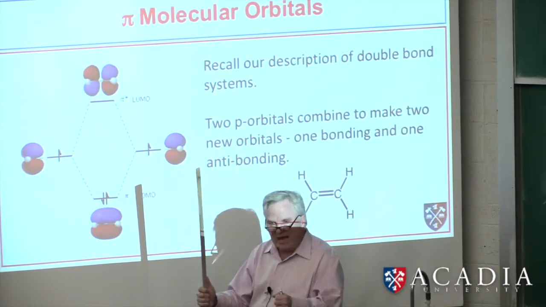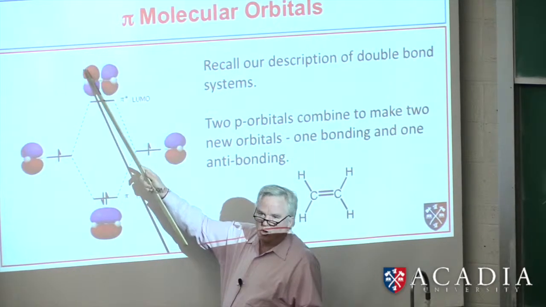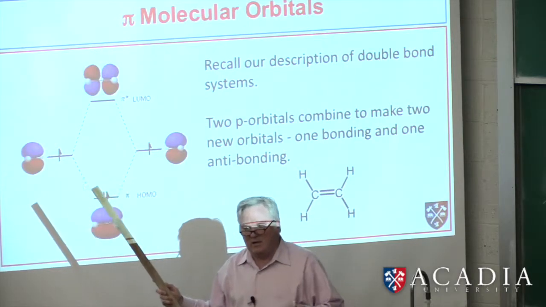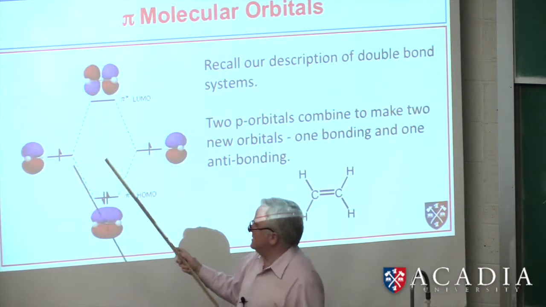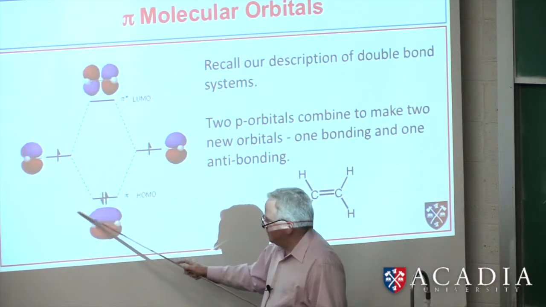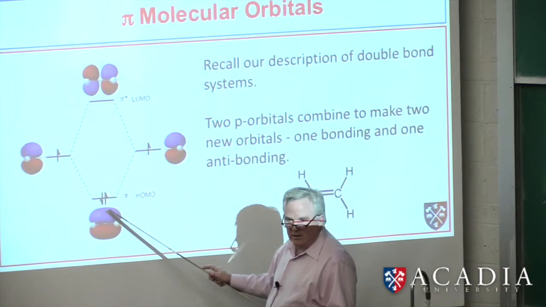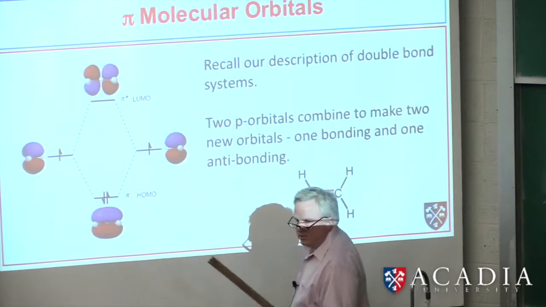They can also mix out of phase, and when you mix them out of phase, we make a higher energy orbital. That doesn't contribute to the energy of the system because we only have 2 electrons in this pi system, and they both end up in the lower energy orbital, and there's no electrons in that orbital up top.